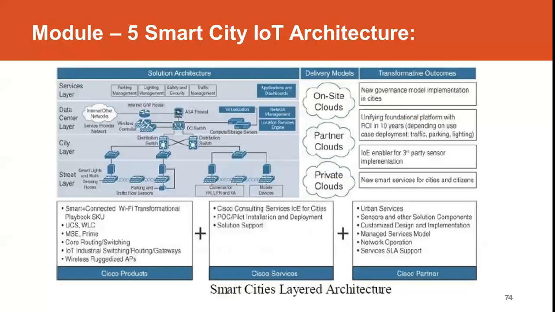So this is the layered architecture. You can observe here the service layer: parking management, lighting management, safety and security, traffic management. All these sensors can be deployed in those areas.